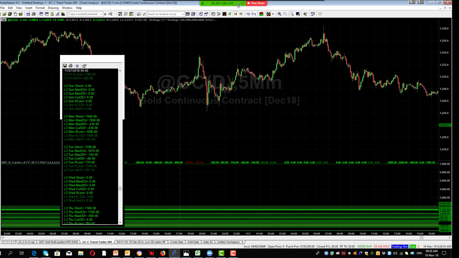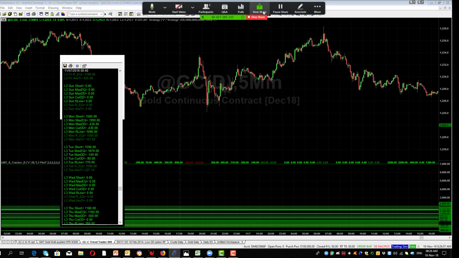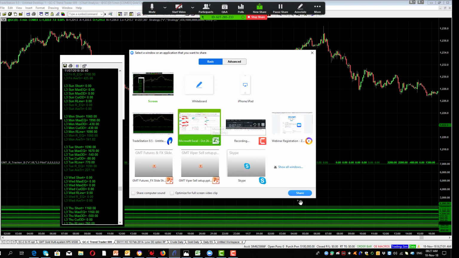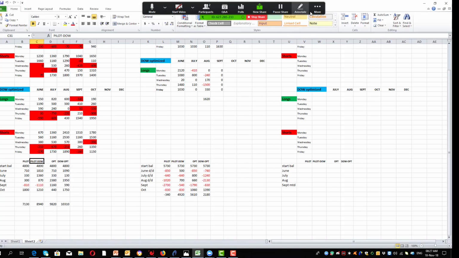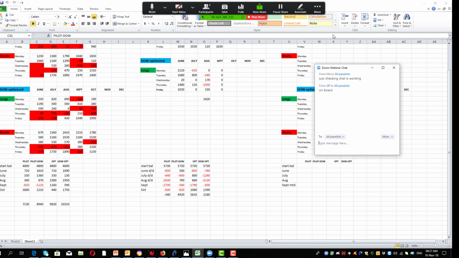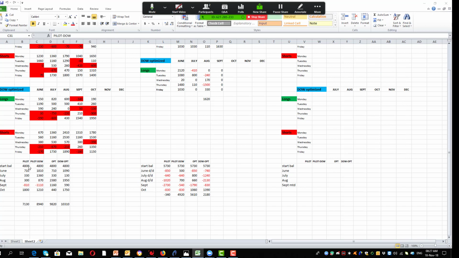So if we go back to the spreadsheet here, and I'll just make sure that that's working. Option 1 was tracking the system without doing any optimization monthly.